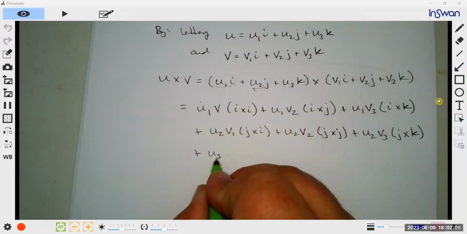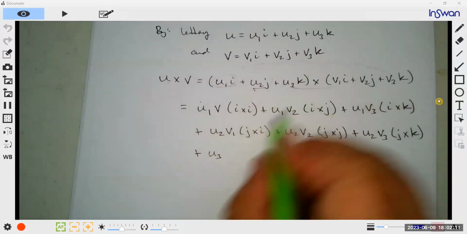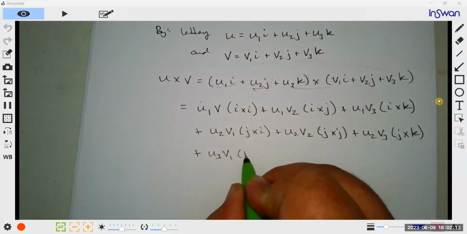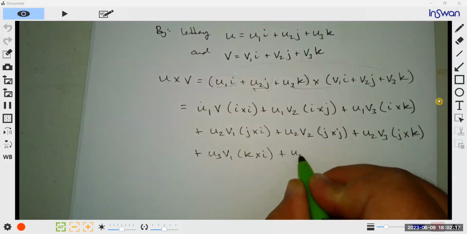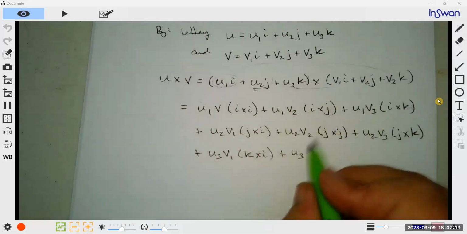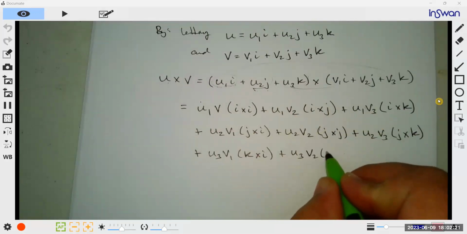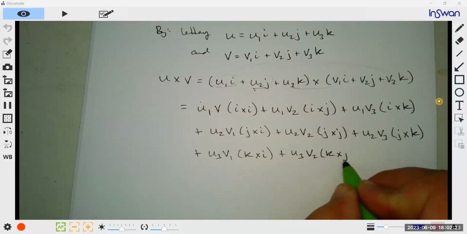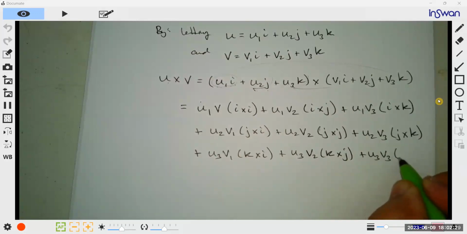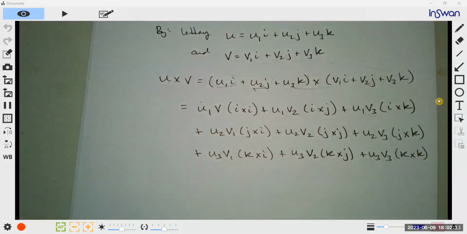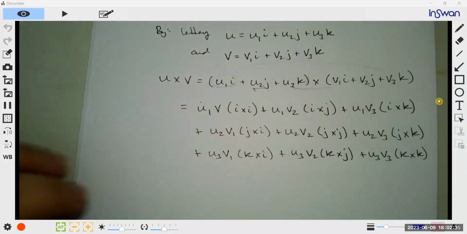Now U3 times V1, K cross I. U3 times V2, K cross J. U3, V3, K cross K. All right, so we just use the distributive properties there.